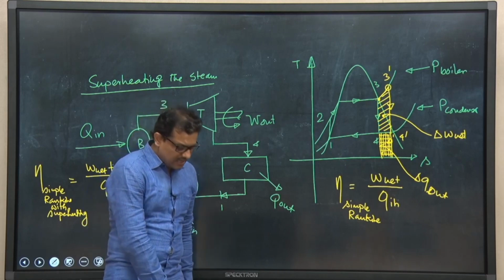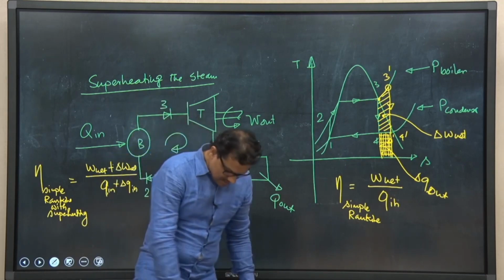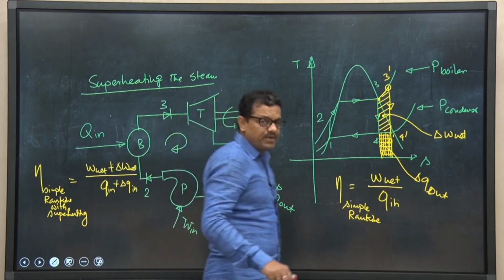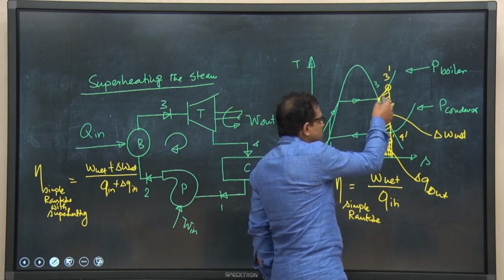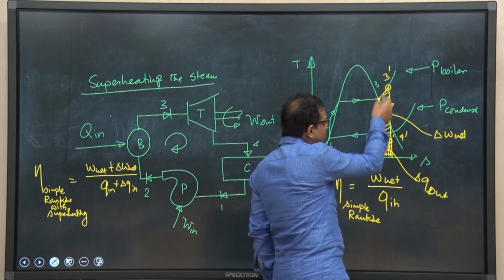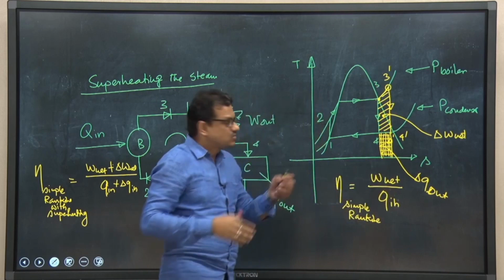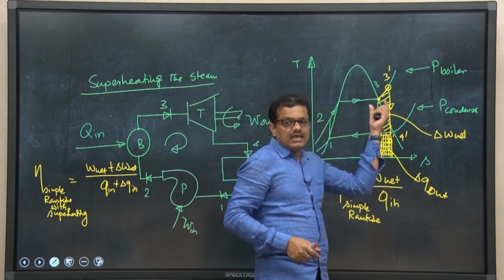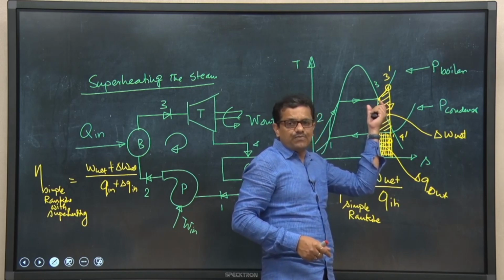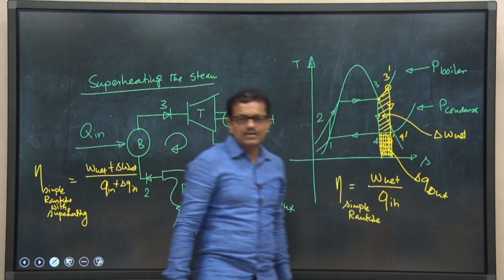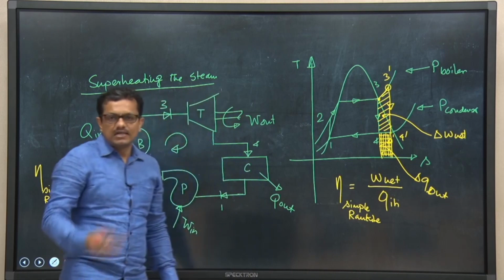So, instead of looking at that aspect, can't we increase this additional heat. So, basically what we are doing, we are supplying this amount of additional heat. So, can we supply this amount of heat even at a constant temperature in the boiler itself.